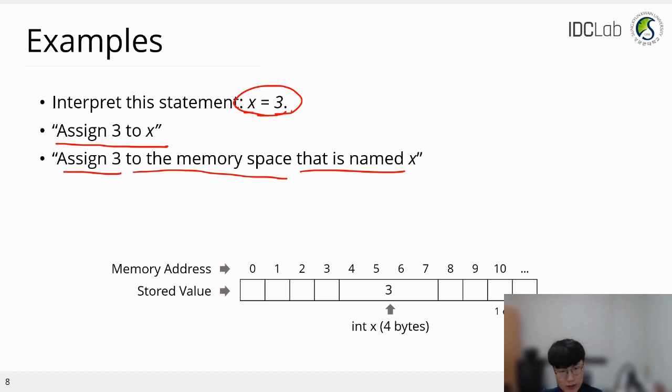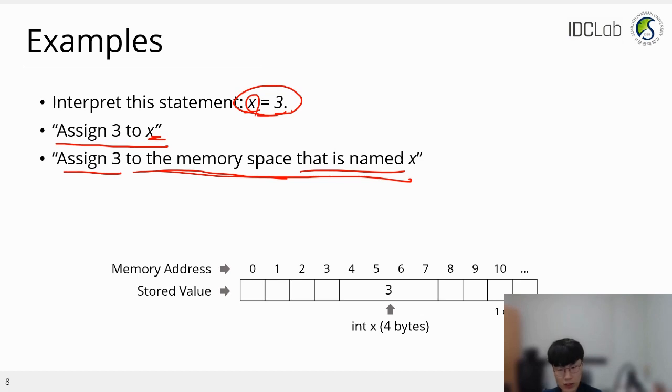So x is a variable, but this is a logical concept. It actually refers to a specific memory space that is named x, and this is the most concrete interpretation.